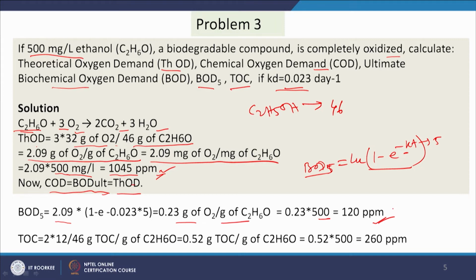And what is total organic carbon, TOC? Here the organic carbon present is 2 into 12, that is 24 out of 46 gram.